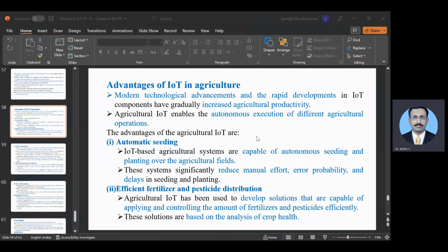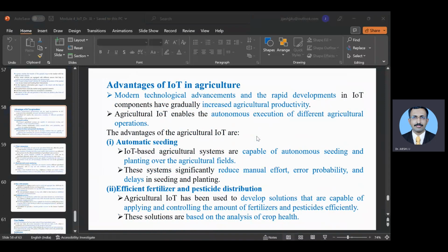Error probability has also reduced, as I have told you, the chance of error is less. And delay also: when you are doing it with a machine, obviously it will be faster than the human process. So this is the first advantage, the automatic seeding process.